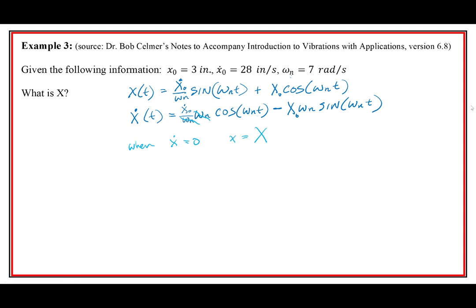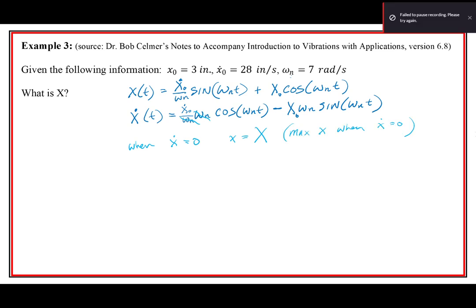I'm going to pause. All right, here's the issue that I should have recognized. When the maximum happens in the position, the velocity is at a minimum, as we've seen before.